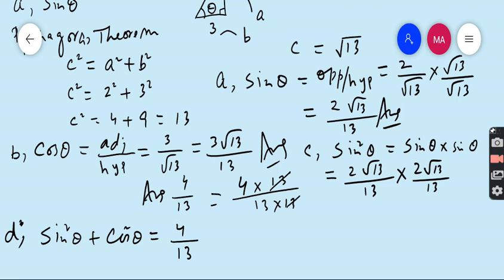Cos theta you found from part B, 3 root 13 upon 13, and cos square theta means multiply this again by 3 root 13 upon 13.